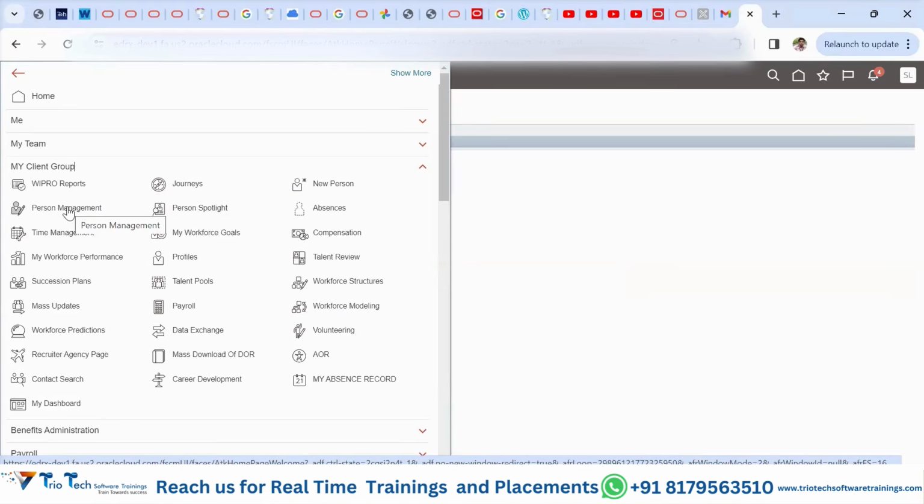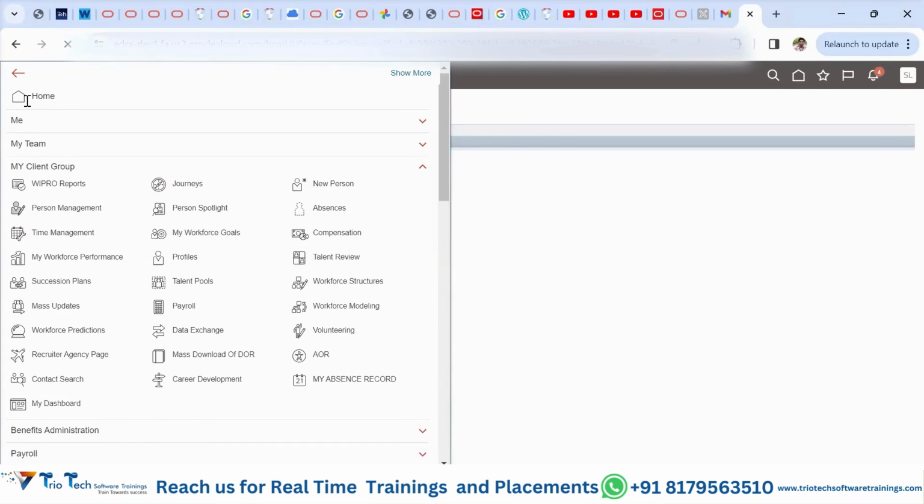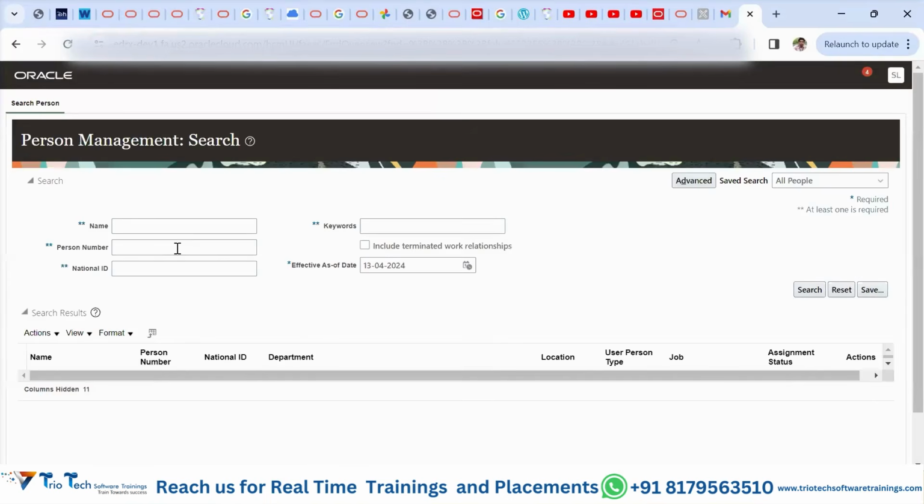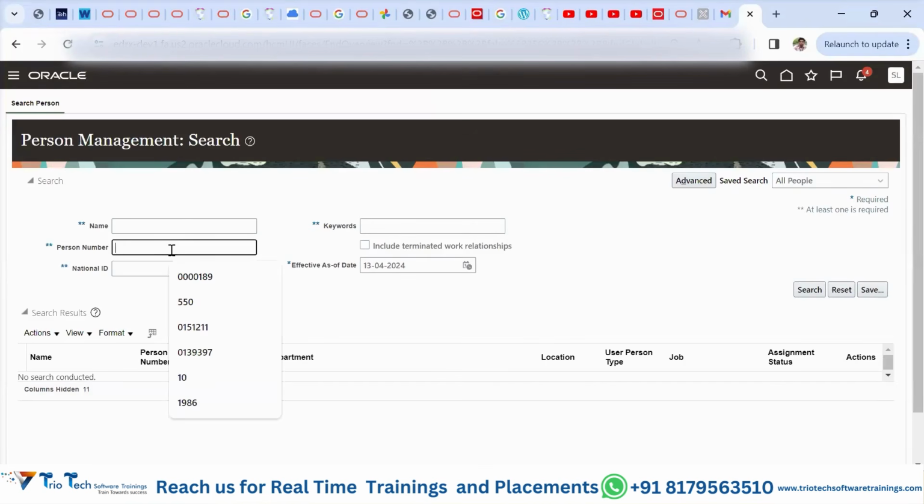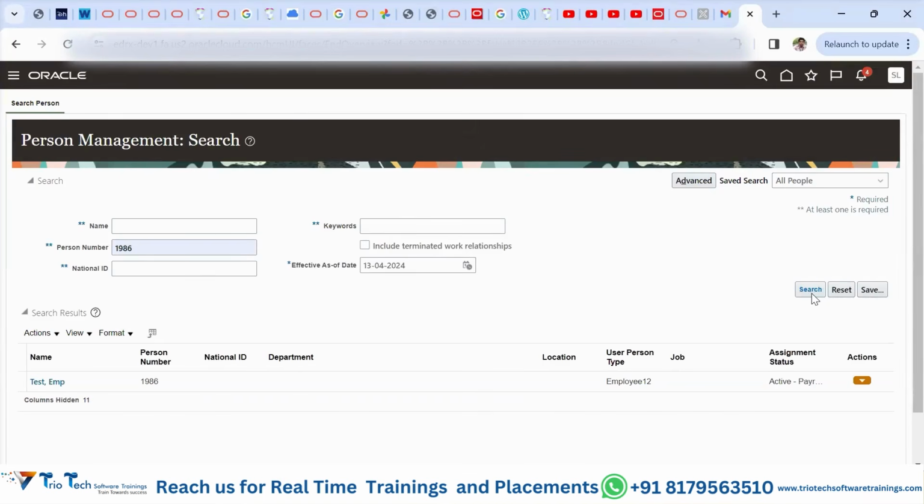Suppose we need to search for a person: we go to the navigator, My Client Group, then Person Management. Here we can search for the person by passing the person number and searching the employee. That's how we will look into all these things as part of this course curriculum.